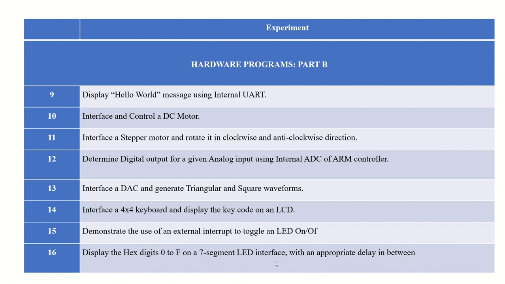That means we have to maintain some delay between the numbers. Between 0 and 1 we need to maintain some delay, between 1 and 2 again some delay. The delay we also have to set, and we have to display that number on the LED. These are the experiments in the hardware programs.